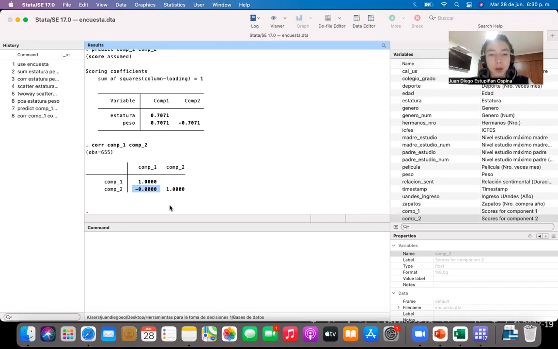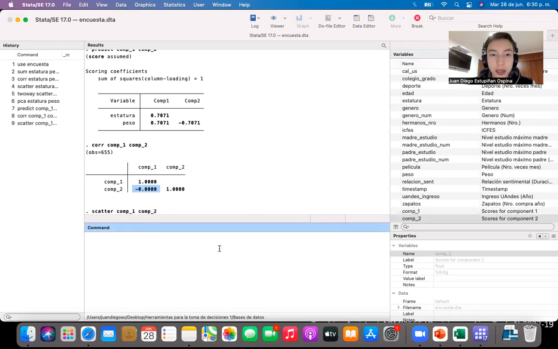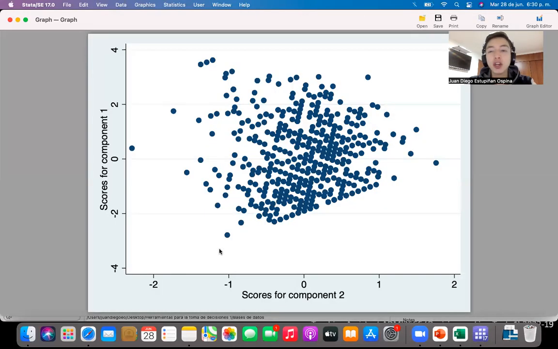Also, for example, we can create a graph with both components. And here you will see that it is not possible to determine if there is a correlation, because the points are not following a pattern.